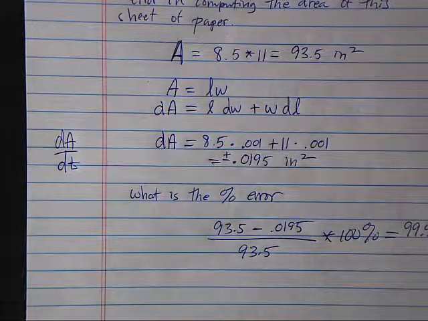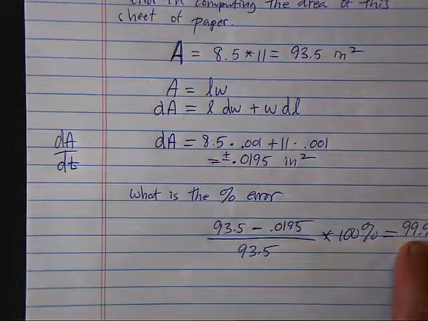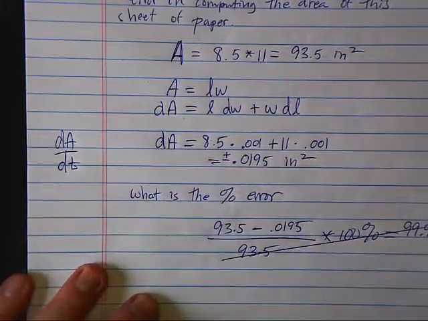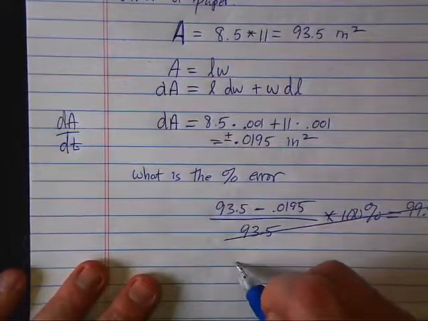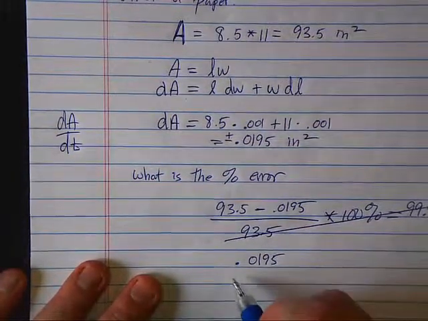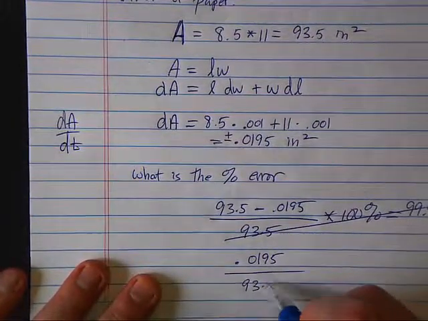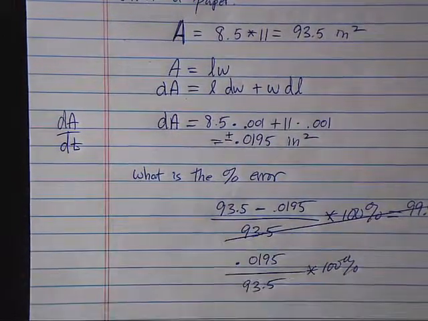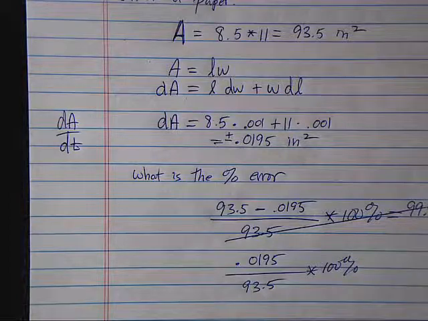Okay, so I think you're right. I think this tells you how accurate it is. It's 99.7% accurate, but that's not what we wanted. I think the formula for percent error is you simply take how much you're off, divide by what it should be, and multiply by 100%, which is exactly what you just said.